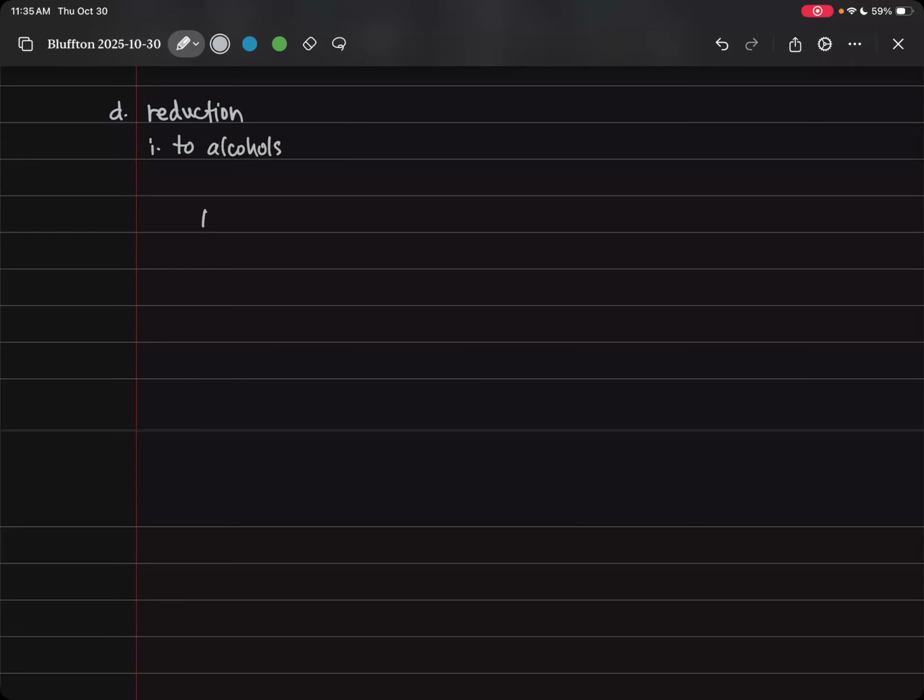And this is done by treating our carboxylic acid with lithium aluminum hydride, LiAlH4, and then acid. This gives you a primary alcohol.